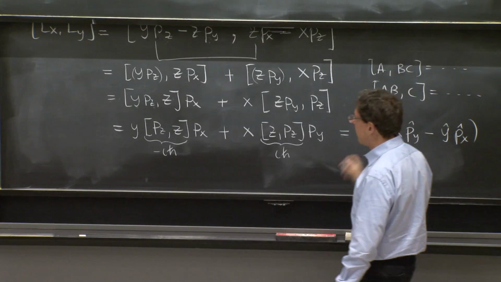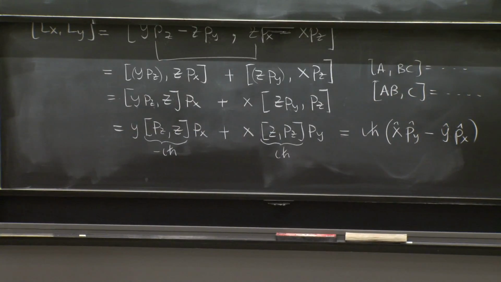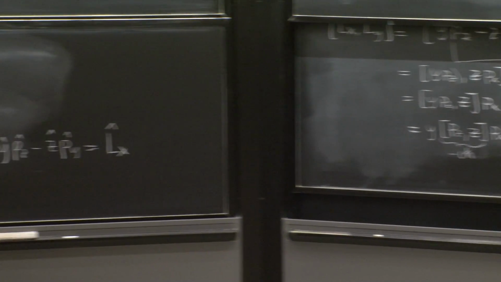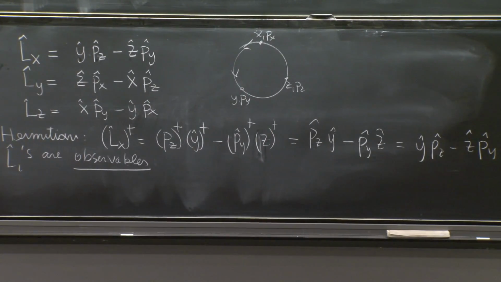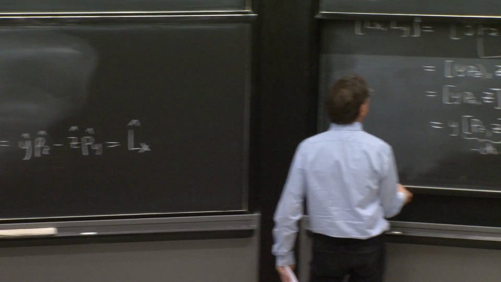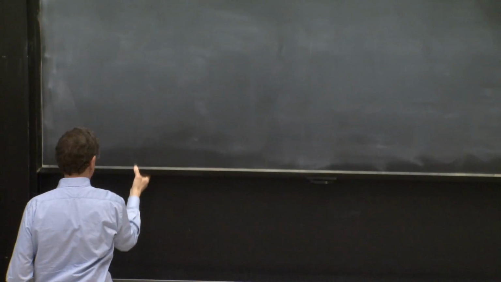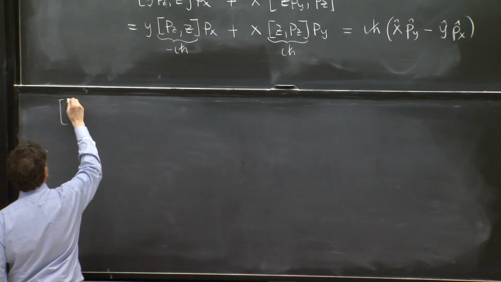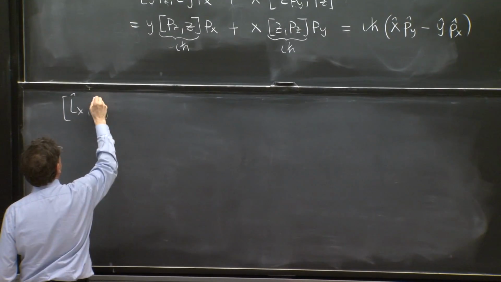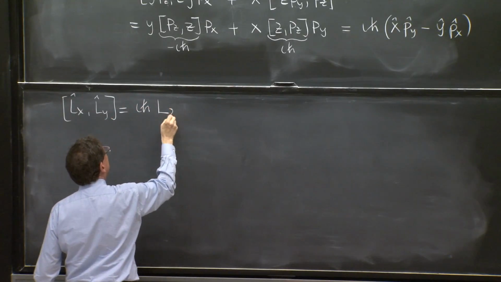See, everything came out in the right position. And you recognize that operator as Lz. So this commutator here has given you [Lx, Ly] equal iħ Lz.